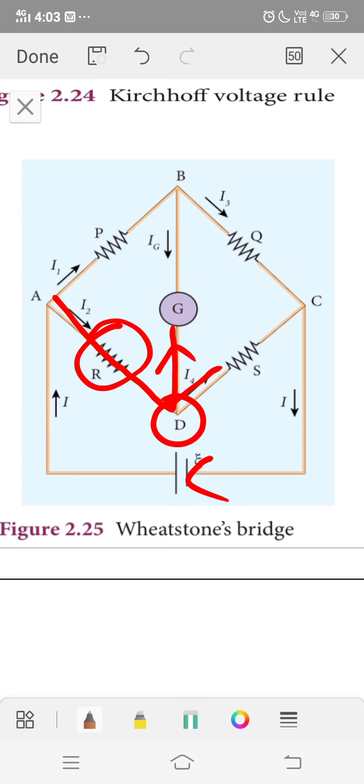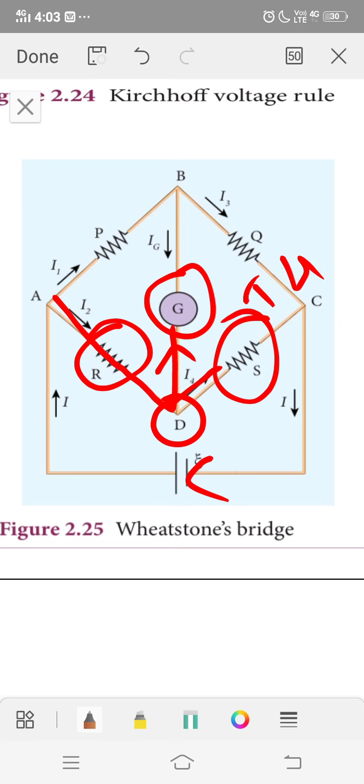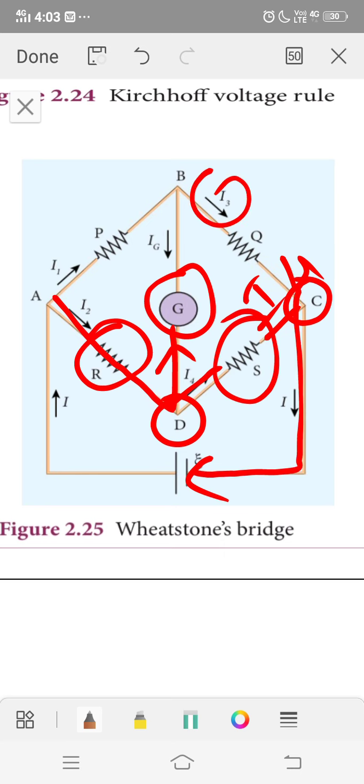One part moves toward the galvanometer and the other toward the unknown resistor S. The current entering S is represented by I4, and the leaving current reaches point C. This current and I3 both move toward the negative potential.